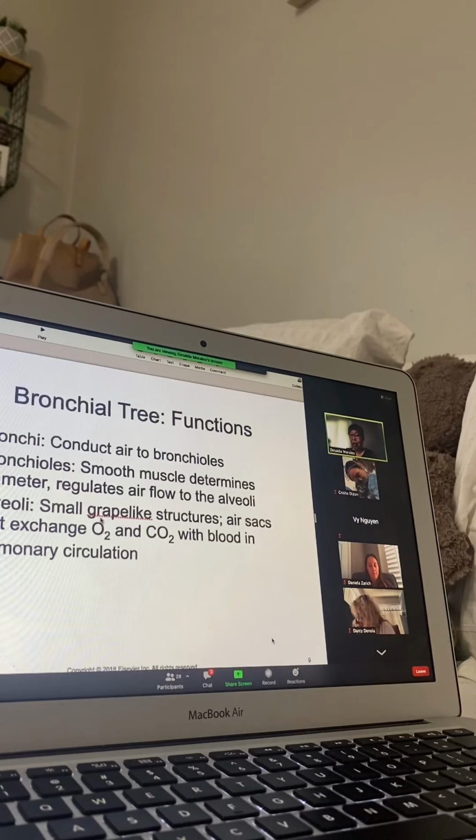The alveoli are small grape-like structures, otherwise known as the air sacs, that exchange oxygen and carbon dioxide with the blood in the pulmonary circulation. We have two kinds of circulations. What are the two kinds of circulatory system that we have?